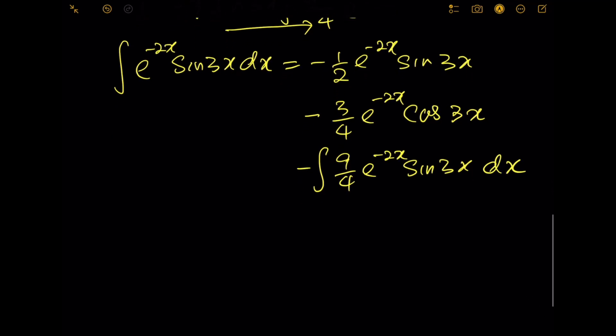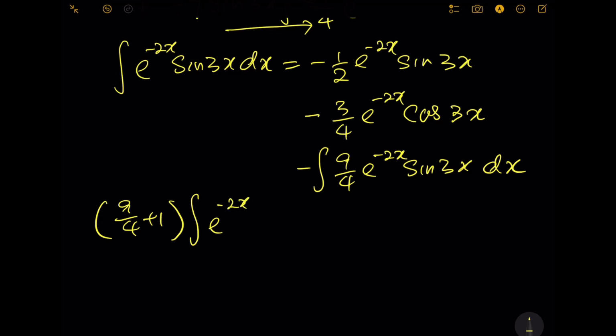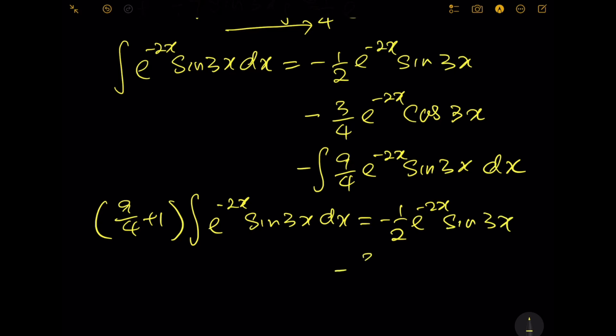So now we have 9 over 4 plus 1 multiplied by the integral of e negative 2x sine 3x dx equals negative 1 over 2 e negative 2x sine 3x minus 3 over 4 e negative 2x cos 3x.